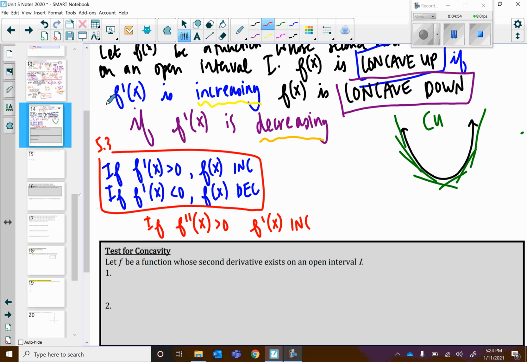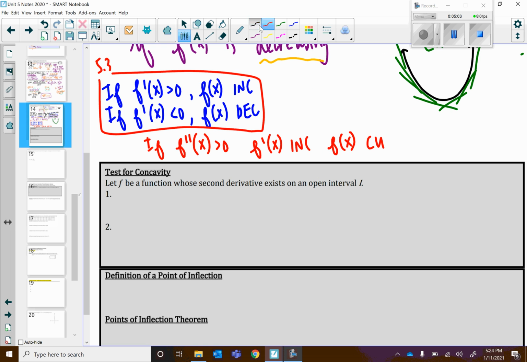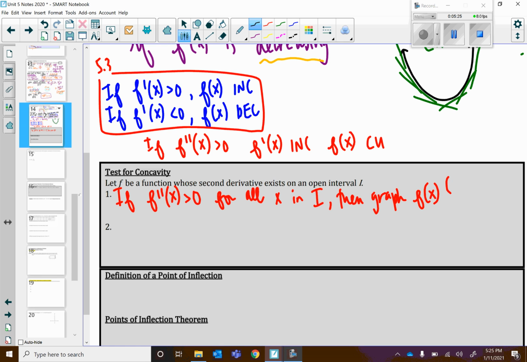And notice, if our derivative is increasing, that means our original function is concave up. So I'm going to write that here as the test for concavity. If the second derivative of a function is greater than 0 for all x in some interval, then the graph of that original function is concave up.